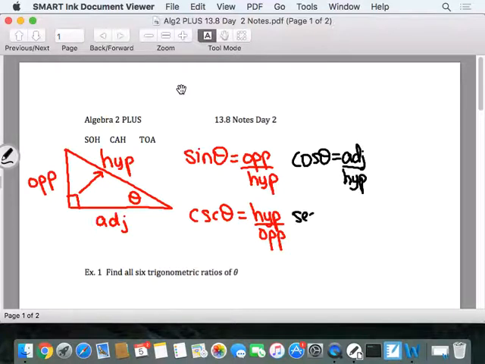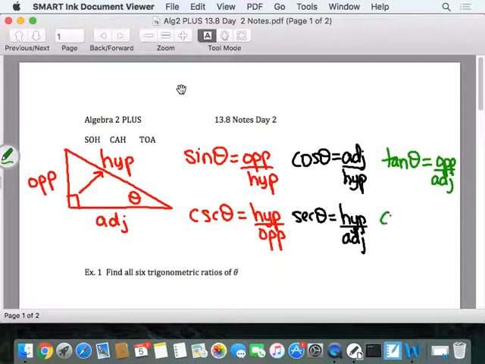Its reciprocal is secant theta, so that's hypotenuse over adjacent. And then the third pair begins with tangent theta. TOA is your opposite over adjacent, and its reciprocal is cotangent, so that's adjacent over opposite. So this is what we learned previously.